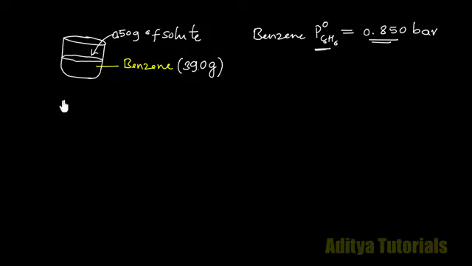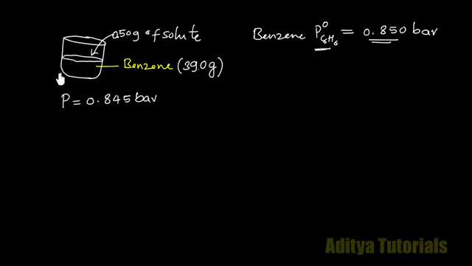Its value, the vapor pressure of solution P, is equal to 0.845. You can observe here this is 0.850 and here it is 0.845 bars. A small change has occurred. The vapor pressure of the solution is decreased as compared to the vapor pressure of pure benzene.